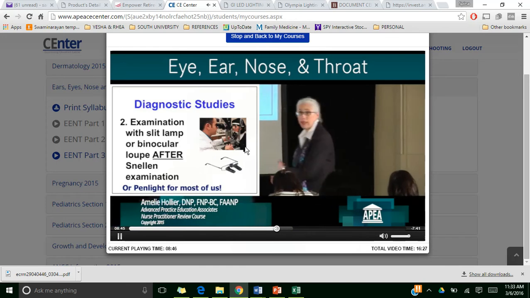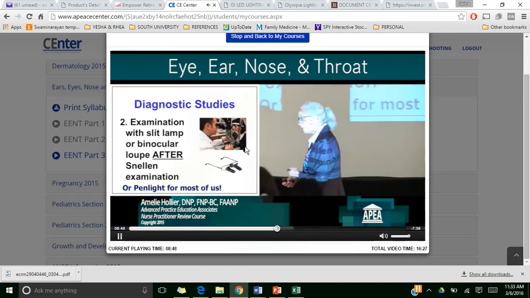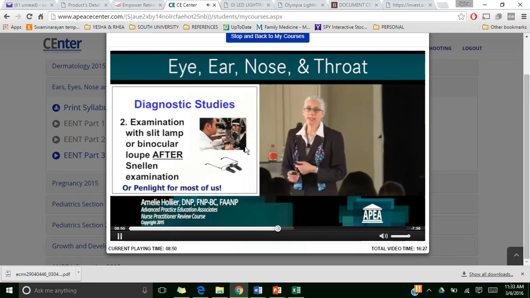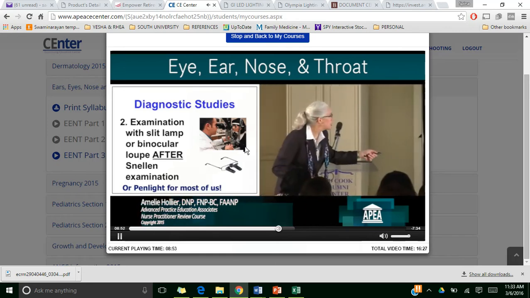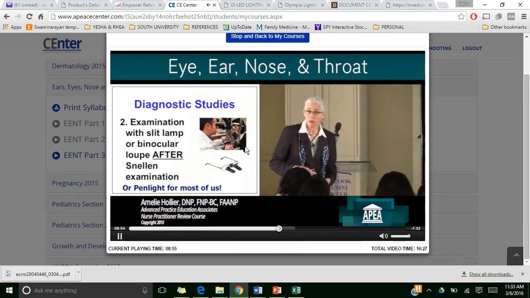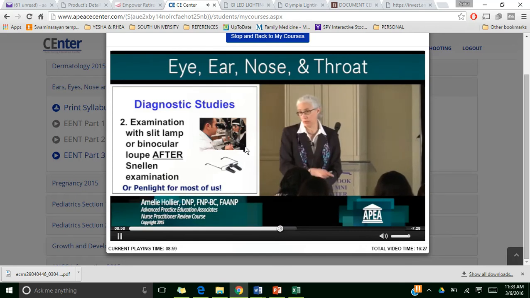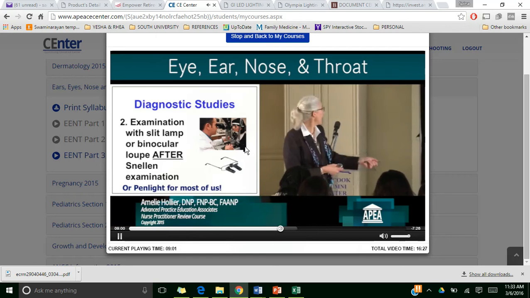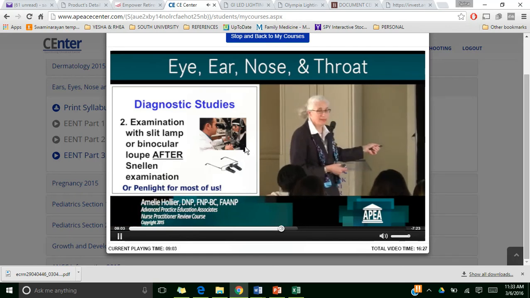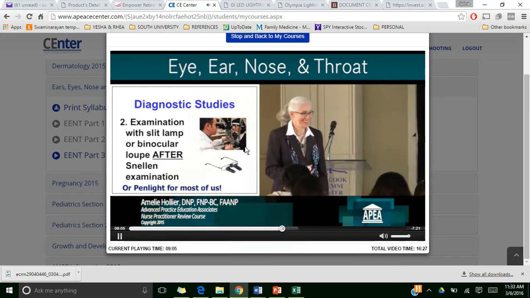If something is impaled in the eye, you'll have a much better chance of seeing it not head on, but from the side where it will be protruding from the globe. You got it? So make a 180 in lieu of one of these more expensive tools. And you'll pick up more foreign bodies that are impaled in an eye than if you just look straight on. So that's the second thing you're going to do.